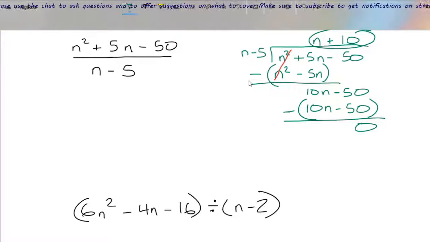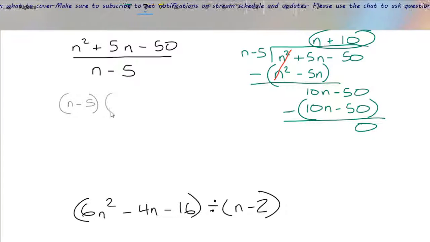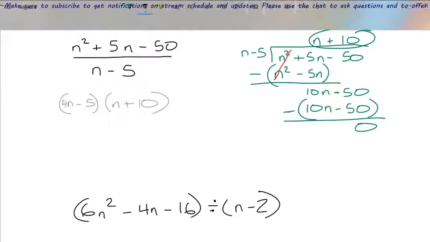And remember, if you wanted to check that, you would take your answer and multiply it by your divisor. So n minus 5 times n plus 10 just to see if we get the same answer. So let's do that real quick over here to the left. So n minus 5, that was our divisor, times n plus 10, that was the answer we got. If we're going to do FOIL, remember first, outer or outside, inside or inner, last.